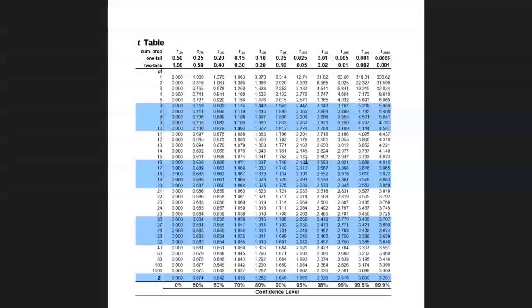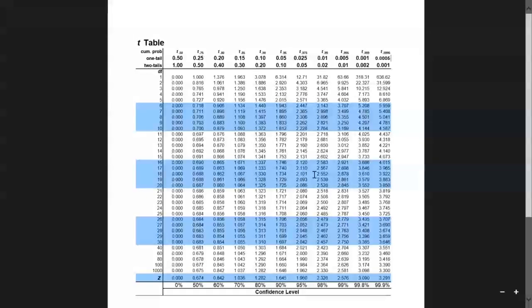So remember, this distribution is the average of the first variable minus the average of the second variable. So the degree of freedom for the average of the first variable is n minus 1, so it is 9.